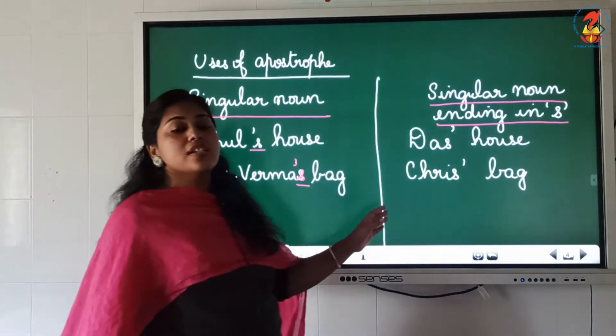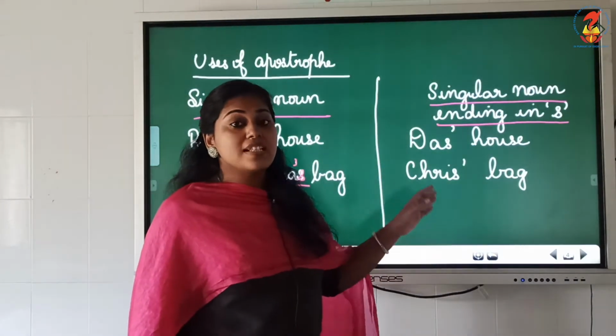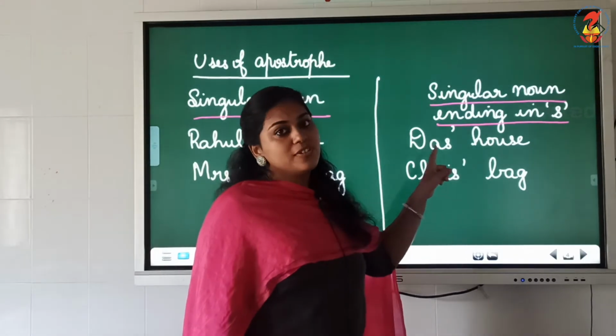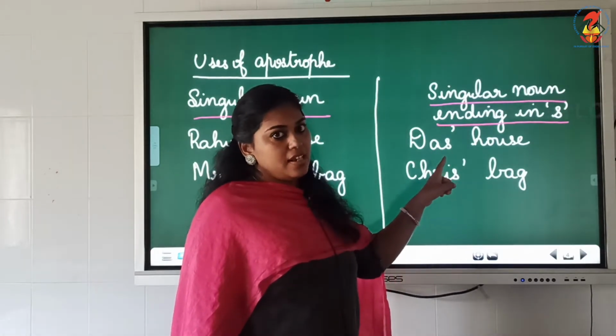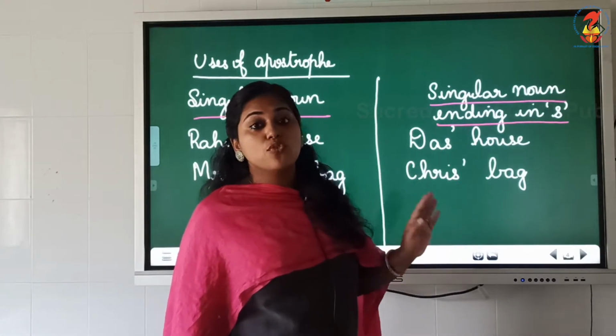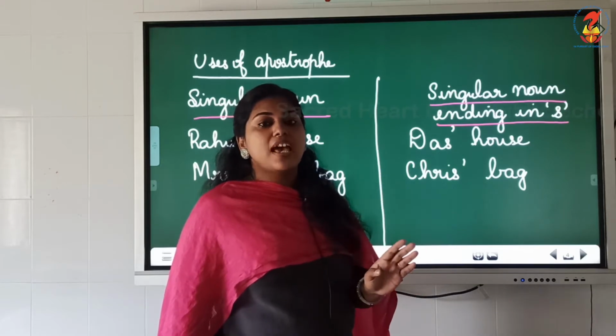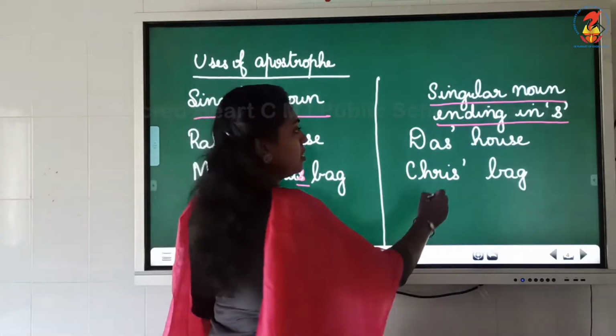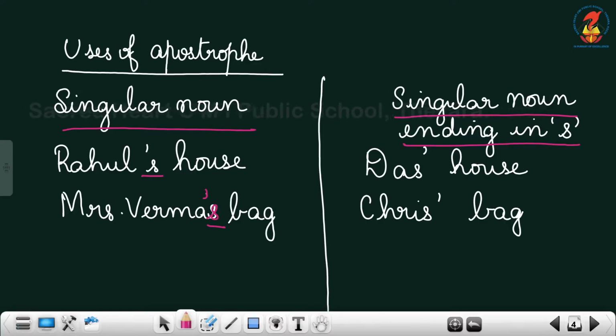Whereas if it is a singular noun that is ending in s, for example Das is a noun which ends with the letter s, right? There we do not have to repeat the s, we just have to put the apostrophe to indicate possession. That is the reason why I have not written s again, I have written only the apostrophe.